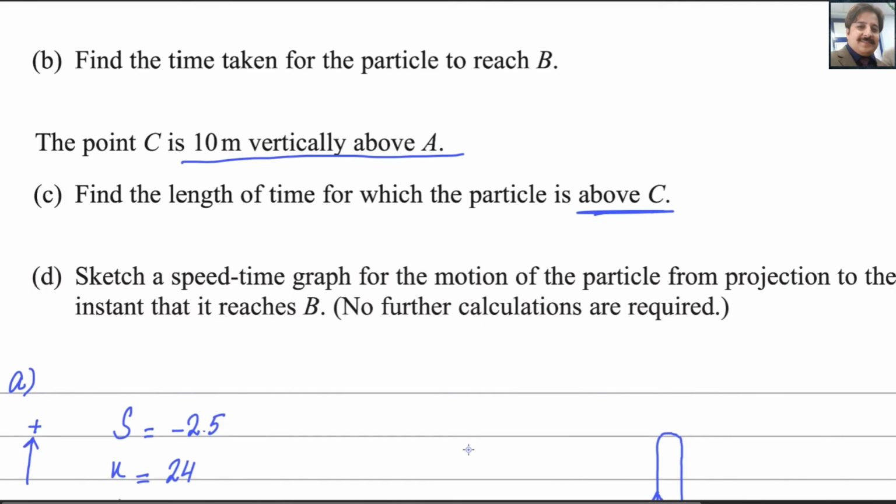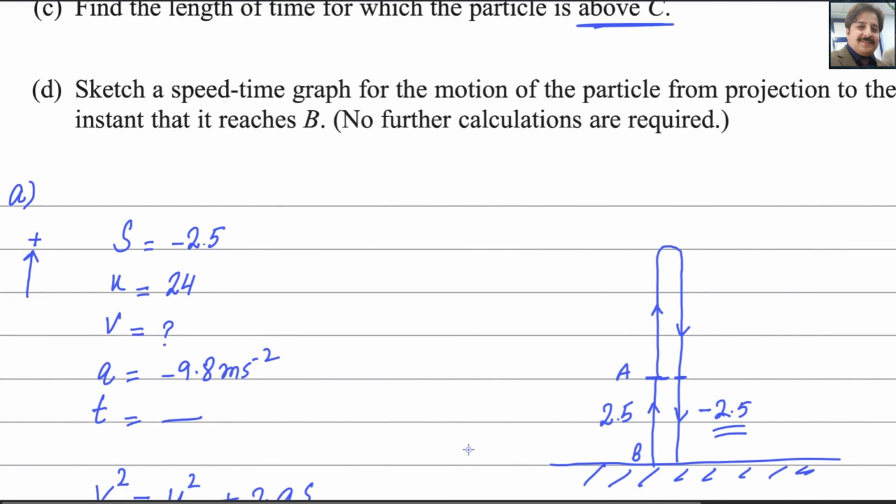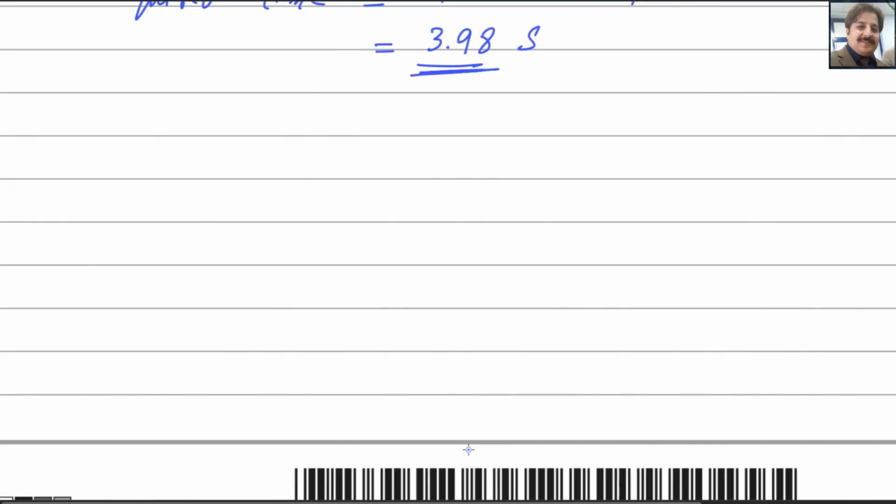Sketch the speed time graph for the motion of the particle from projection to the instant that it reaches B. No further calculations are required, so this information is enough to draw a speed time graph. This is the last part of the question. First draw the horizontal axis: time, always in seconds, and the vertical axis is speed, always in meters per second.